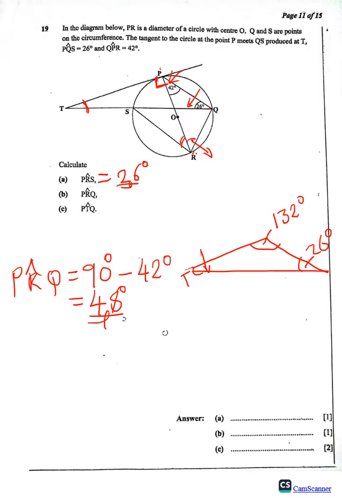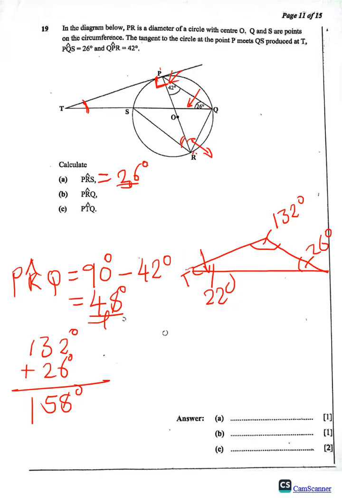Then we subtract that from 180, then we have angle T. So 132 plus 26 is equal to 158. If we subtract 158 from 180, we have 22. So this is the angle that we have here, which is 22 degrees.